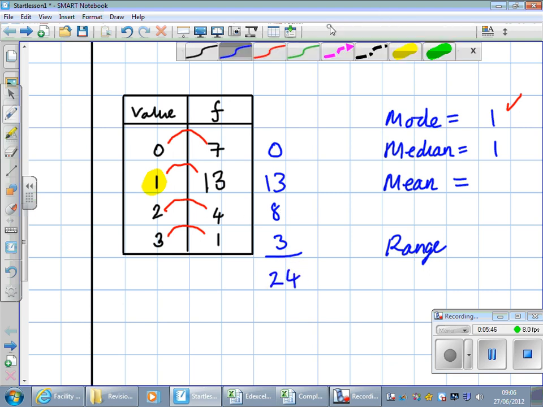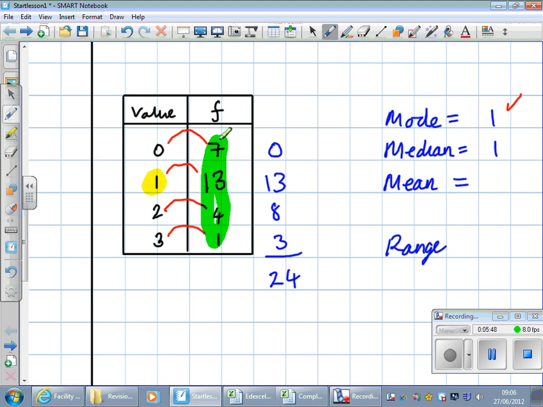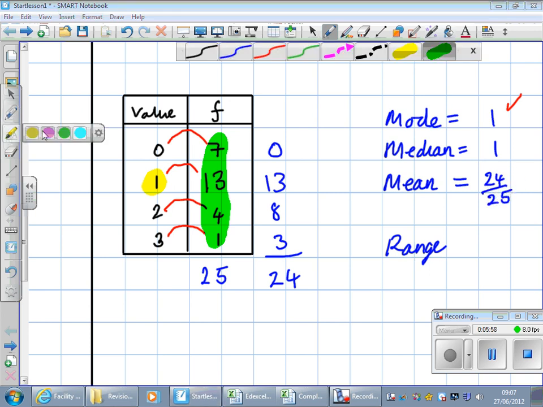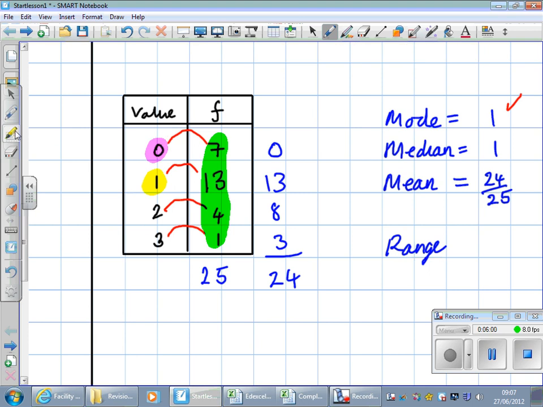There were, as I said before, 25 bits of data found by adding up the frequencies. So the mean is 24 over 25. And finally, the range. The smallest value was 0. The largest was 3. Therefore, the range equals 3 take away 0, equal to 3. Right, give yourself a tick if you got all those right.